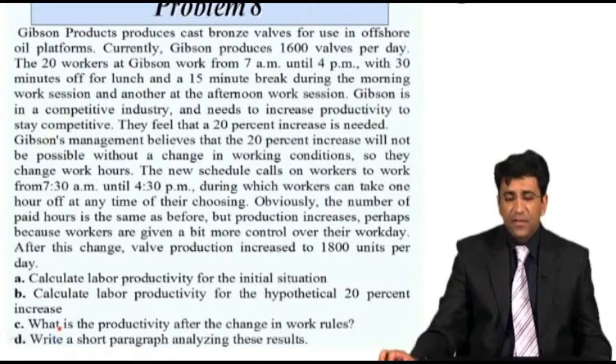You can see that the working hours are 7 a.m. till 4 p.m. So there are 9 hours between 7 a.m. and 4 p.m. But out of those 9 hours, they are taking a break of almost 1 hour. So we will subtract this 1 hour break, and the total working hours in this case will be 8 hours. Now this is very important. The total working hours will be 8 hours, and there are 20 workers.